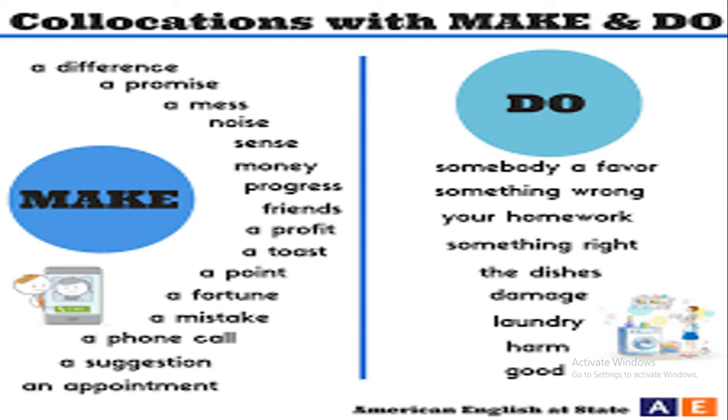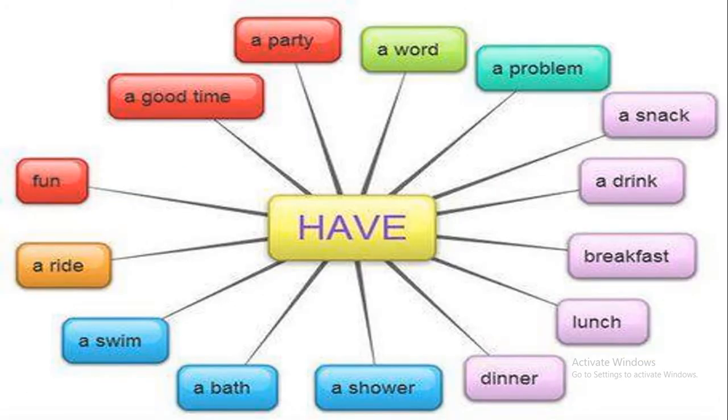Some words collocate with the verb make, while other words collocate with the verb do. Also, we have many collocations with the verb have, as you see in this picture.